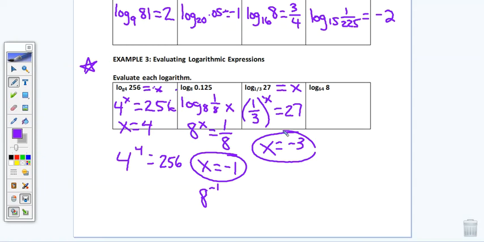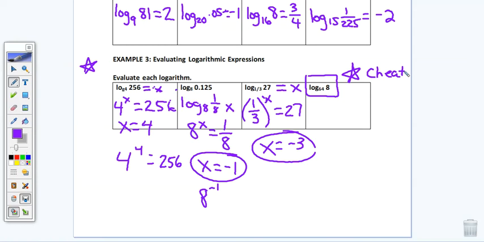Okay? I'm going to give you a little bit cheater ways to do this. Is that okay? Okay, do this for me. Anytime you have a logarithm written like this, and I'm going to put a star by this, this is going to be the cheater's way of doing this. And we'll talk about why this works in later sections. Are you okay with that?